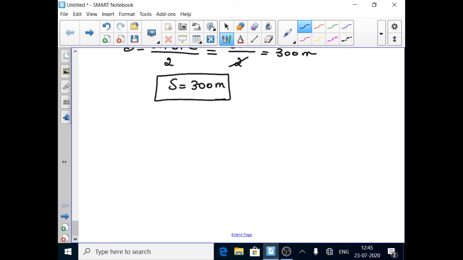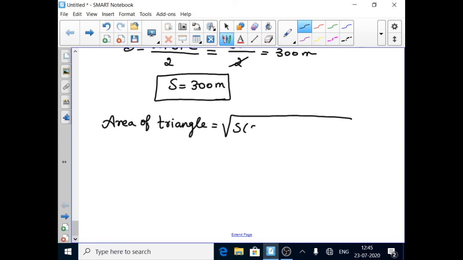Okay. So next we want to apply Heron's formula. What is that? Area of triangle is equal to root of S into S minus A into S minus B into S minus C. Okay.